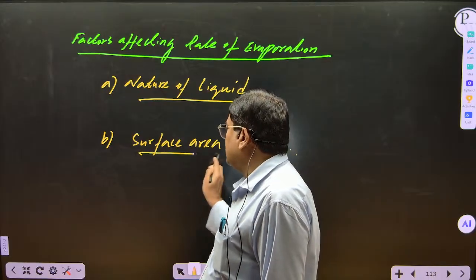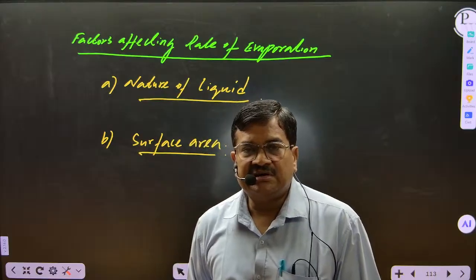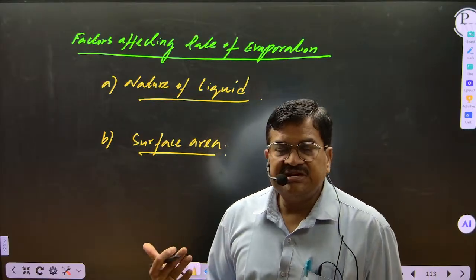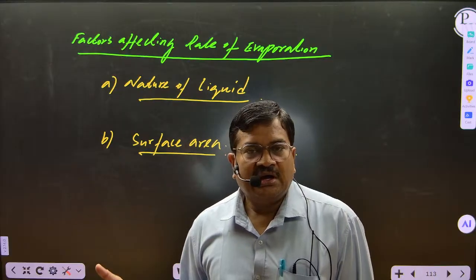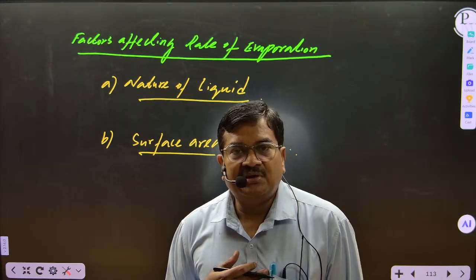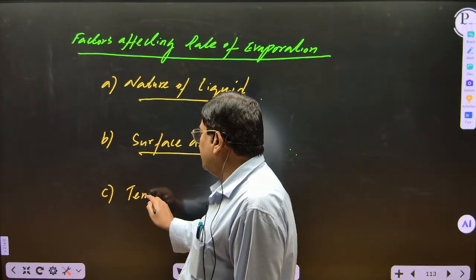And the third factor depends on temperature. As you know, in states of matter in first year, with increase in temperature, the kinetic energy of the molecules increases. So what happens? More water molecules can transform into vapor. So there are three factors which influence the rate of evaporation.